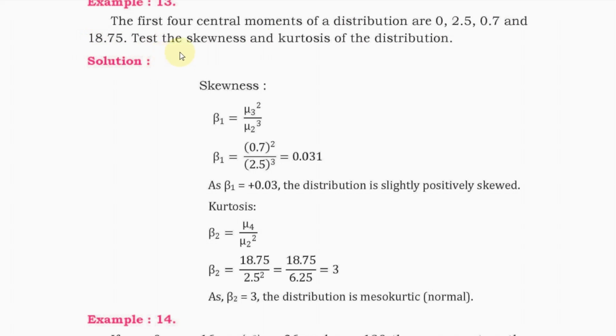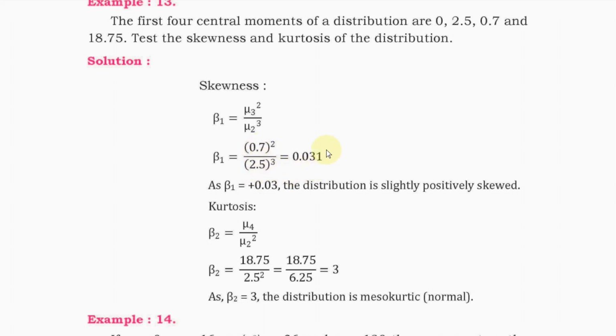We have to find the skewness and kurtosis of the distribution. The skewness value according to the moments is given by beta 1 is equal to mu3 square divided by mu2 cube, that is 0.7 square divided by 2.5 cube.